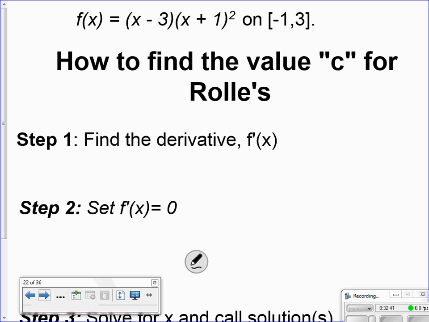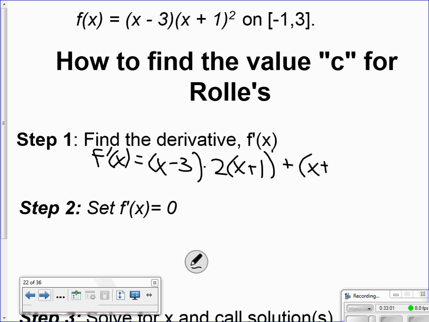Who wants to get the derivative of that? I hope you're all thinking product rule unless you multiplied it out. First times the derivative of the second plus the second times the derivative of the first.